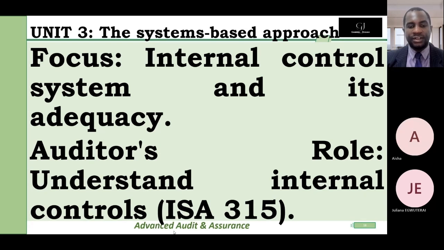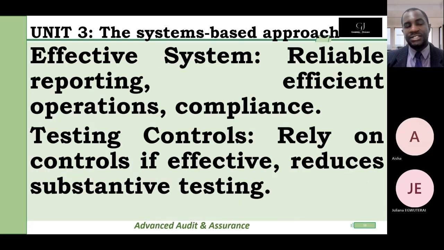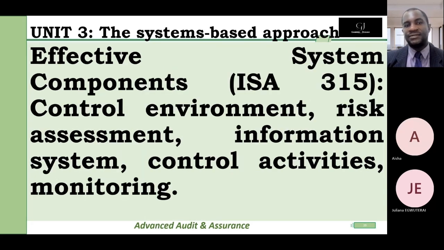This is very, very critical. An effective system helps us with, like I said, reliability of reporting, efficient operations, compliance, and also testing of controls to see if they are effective, in order to reduce substantive testing.